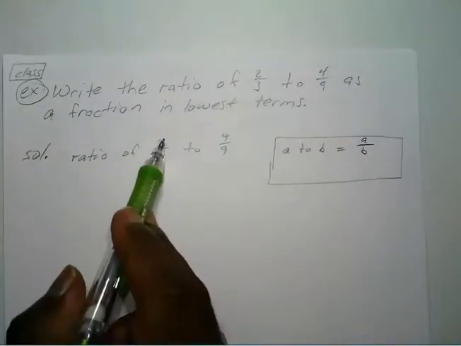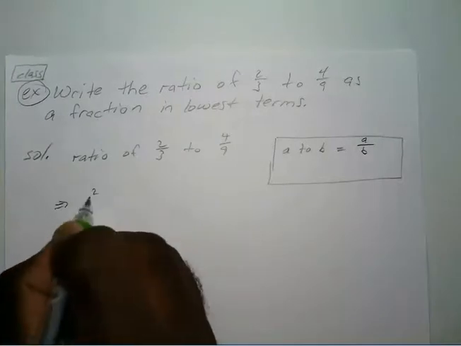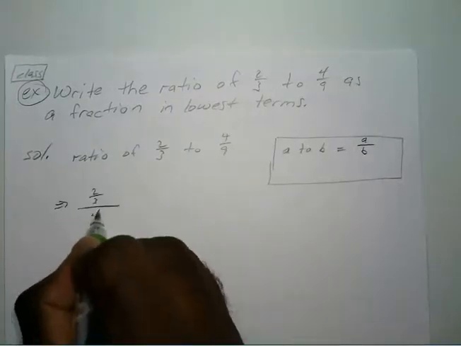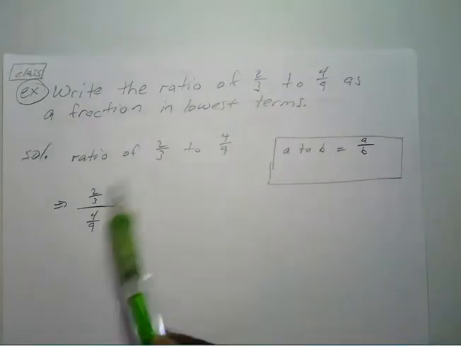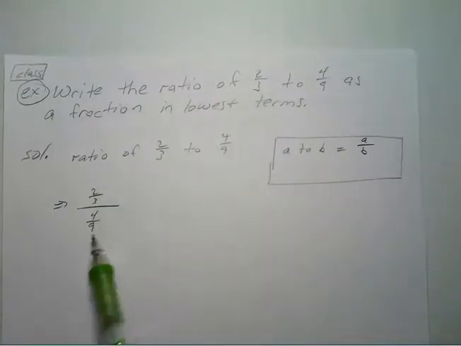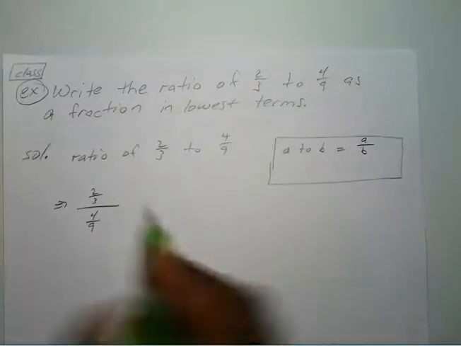A ratio of 2/3 to 4/9 is just 2/3 to 4/9. Okay, if this is your A, that will be on top. If this is your B, that will be in the denominator. Okay, now the thing is, we want to simplify this, so we're going to just rewrite it.